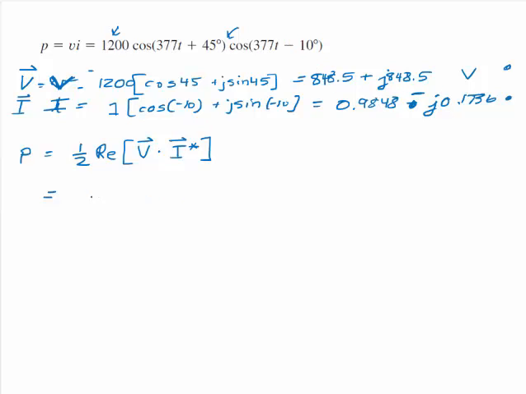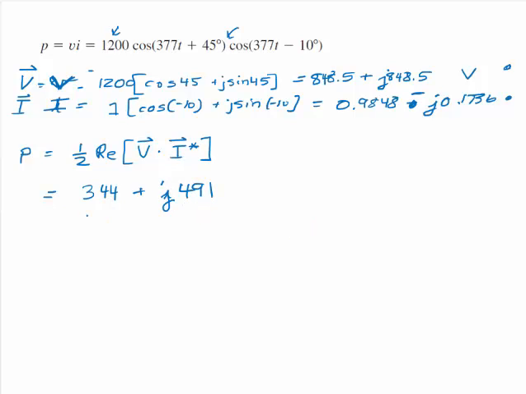Okay, so when I multiply these two complex numbers together, V times I complex conjugate, I will get 344 plus J 491, or J because we're engineers.